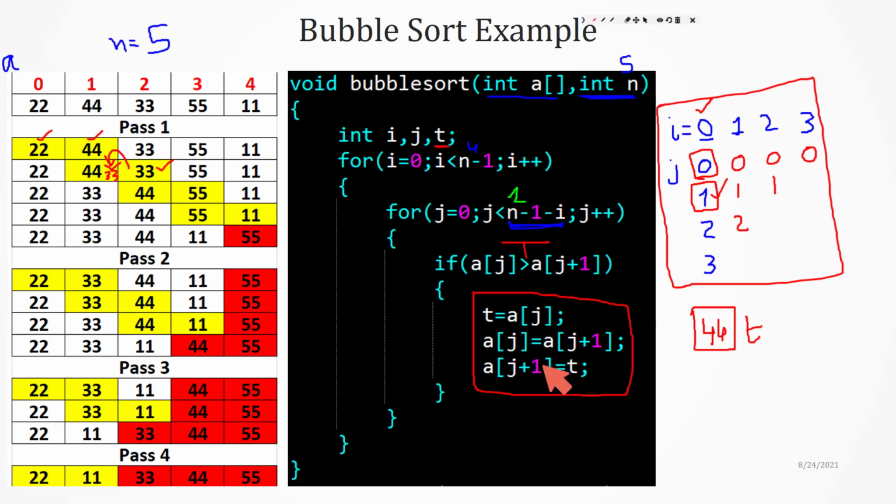Next, a of j plus 1 equal to t. a of j plus 1 is a of 2, which means 33. In place of this 33, I will store the value of t. The value of t is 44. Here 44 will come. So now 33 is here, 44 is here. So what is the purpose of these three statements?